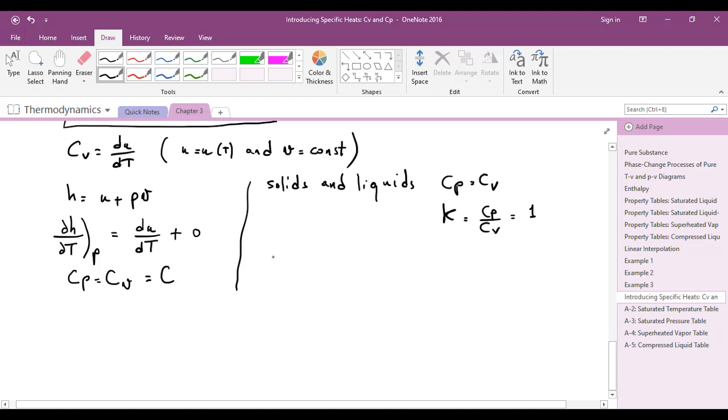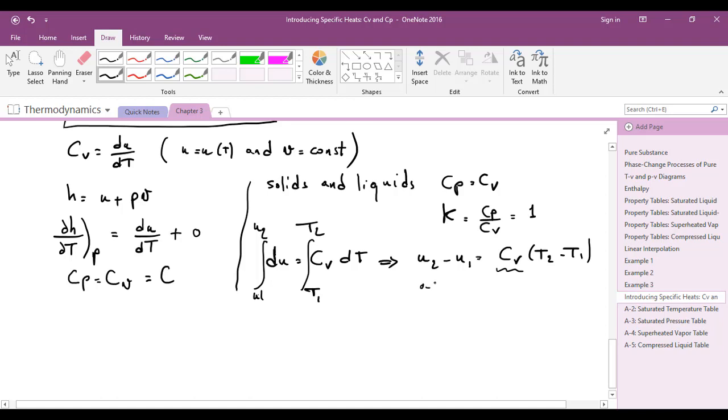So if we want to calculate the change in internal energy from state 1 to 2, from U1 to U2 and from T1 to T2, we said dU is Cv dT, so U2 minus U1 is equal to Cv times T2 minus T1, of course assuming that Cv is independent of temperature and is equal to a constant.